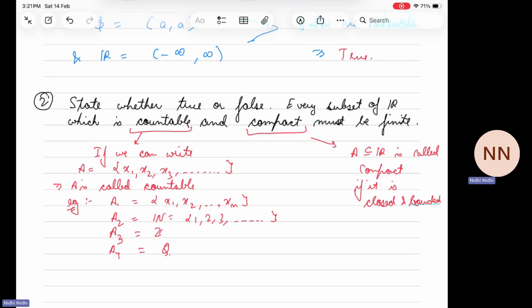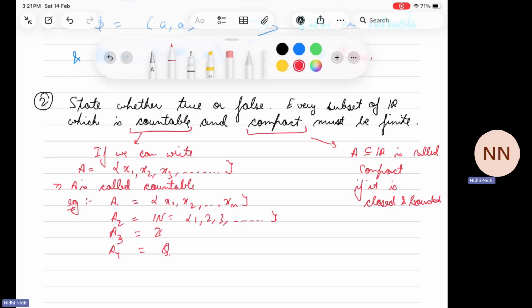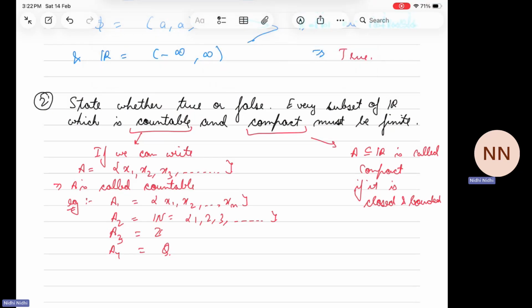Now they are saying that every subset of R which is countable and compact must be finite. So, is it true? It need not be finite. If we are saying that this is false, one must be able to give some example. And a very good example would be some subset of rationals, because we know that rationals can be infinite even in bounded domain.